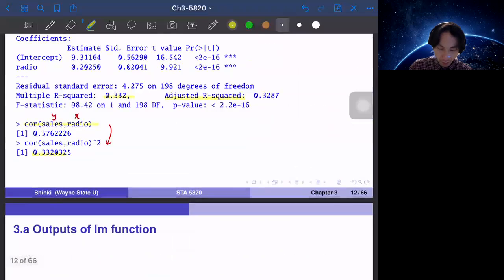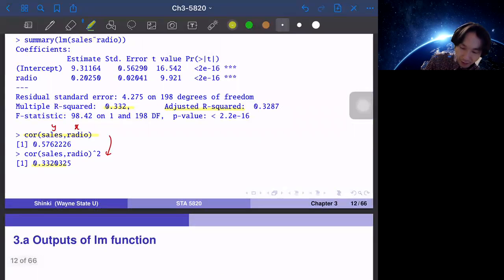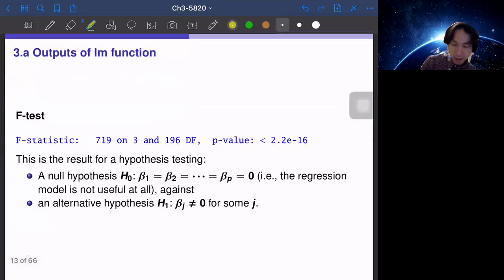Yeah, so next one, the F test. So we think about this kind of line. Maybe the first regression result also has a similar thing. The F statistic is 719. Actually, this doesn't have to be an integer, and probably this is just rounded. The truth is maybe 718.73 or something like that.